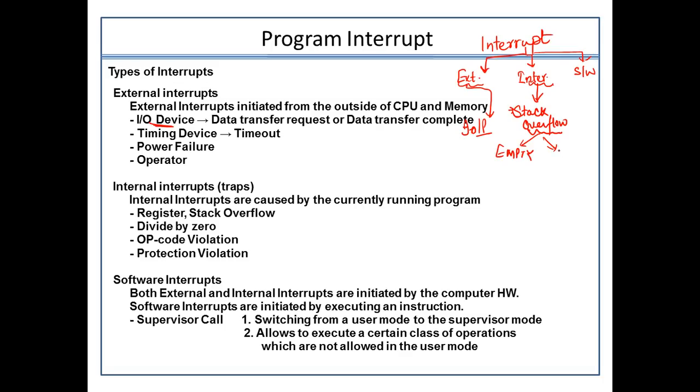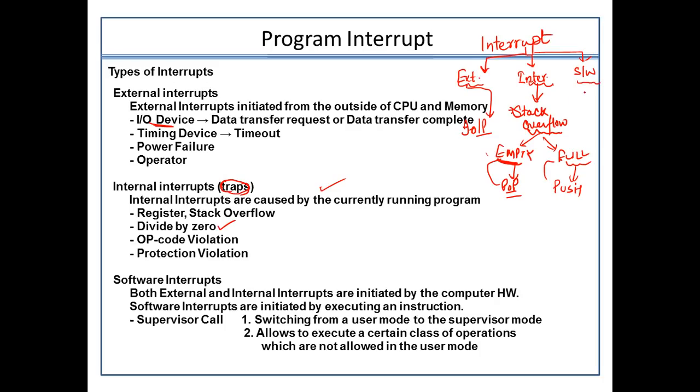These are the two conditions we always need to check, because if the stack is empty and we apply a pop operation, this will lead to an interrupt. If the stack is full and I try to push data into the stack, again it will be an interrupt. Other kinds of interrupts occur, like when I divide a number by zero. Such interrupts also fall under the internal category. We sometimes call them traps.